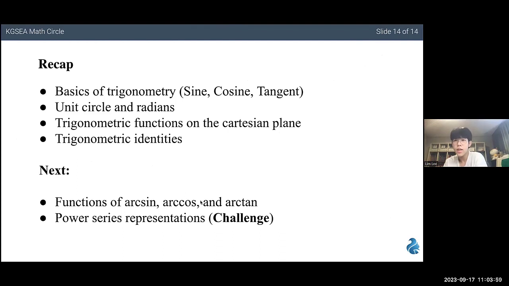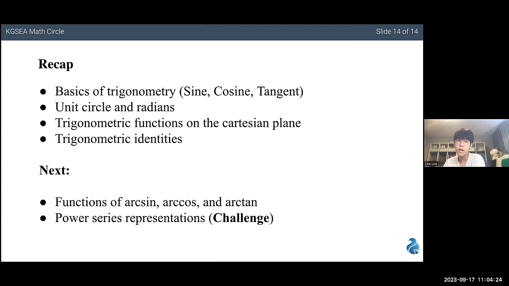So just to give you guys a general recap of what we covered today, we covered first the basics of trigonometry, such as the functions of sine, cosine, and tangent. We went over the unit circles and radians and the role they play in trigonometry. We plotted the trigonometric functions on the Cartesian plane, and we went over some trigonometric identities, which are useful in competitive problems.